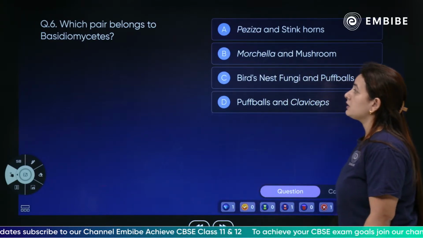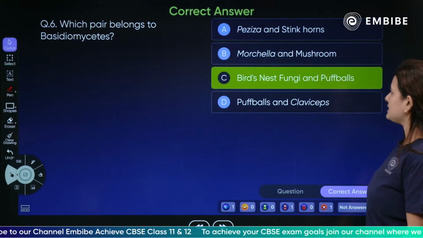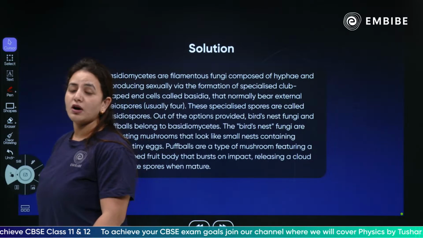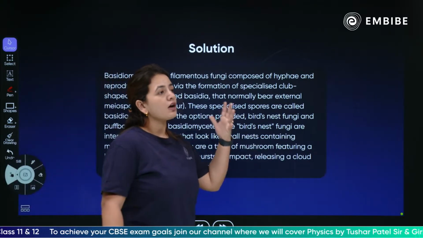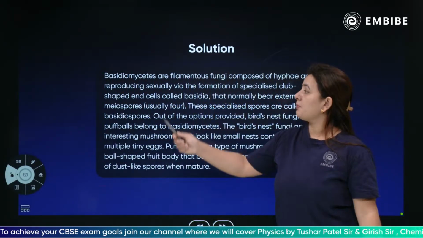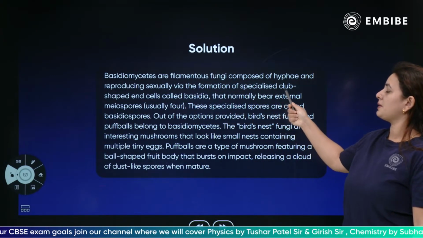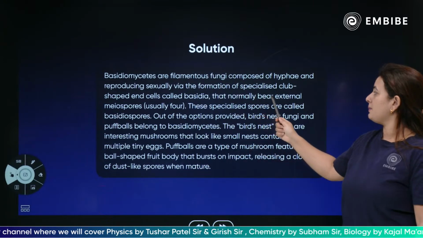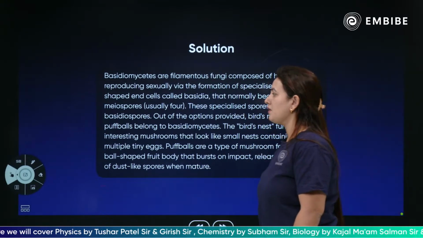Okay, so children, the pair which belongs to Basidiomycetes is the bird nest fungi and the puffballs. Basidiomycetes are filamentous fungi composed of hyphae, reproducing sexually by the formation of specialized club-shaped ends called basidia, that normally bear external basidiospores, usually 4.